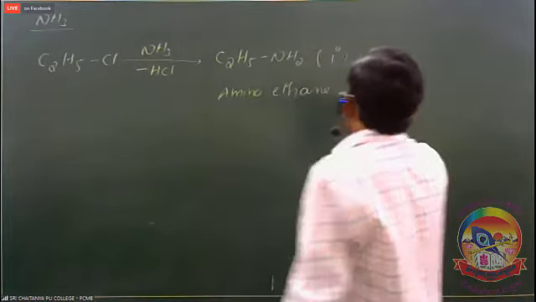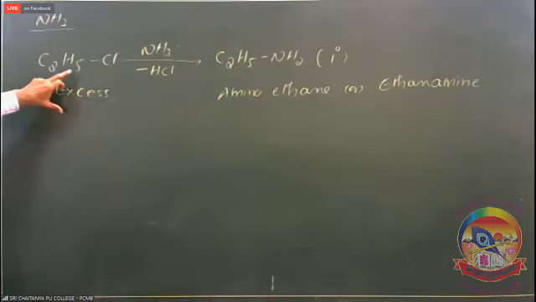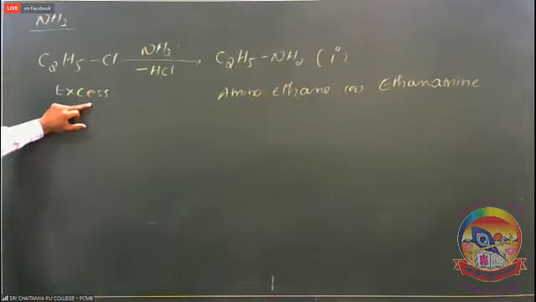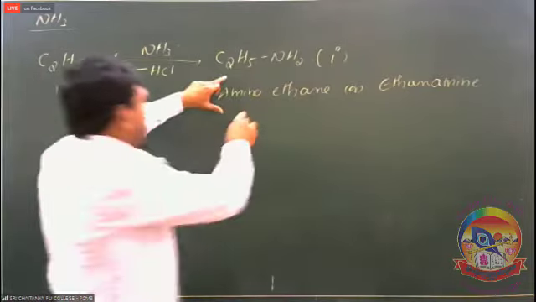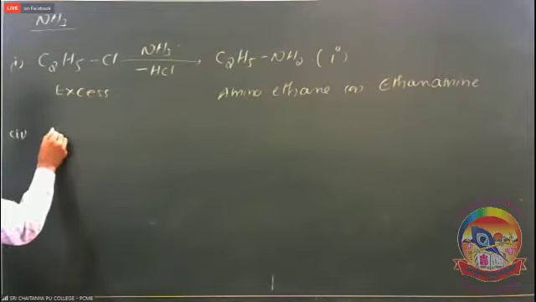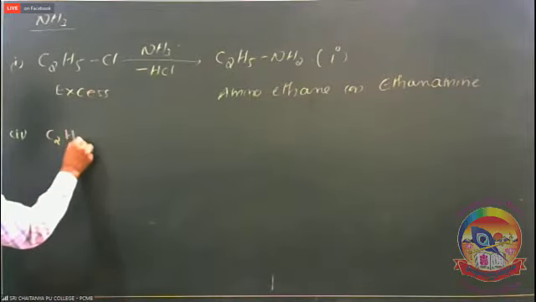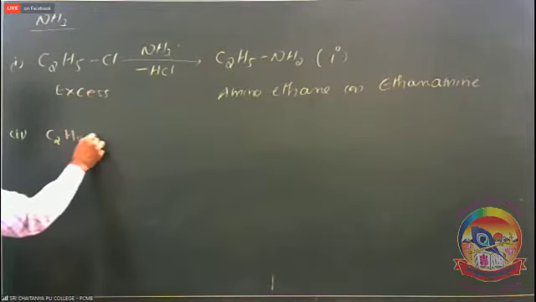In this reaction, if you take excess of ethyl chloride, the reaction takes place in 4 steps. In the first step, aminoethane or ethanamine is formed, C2H5NH2.